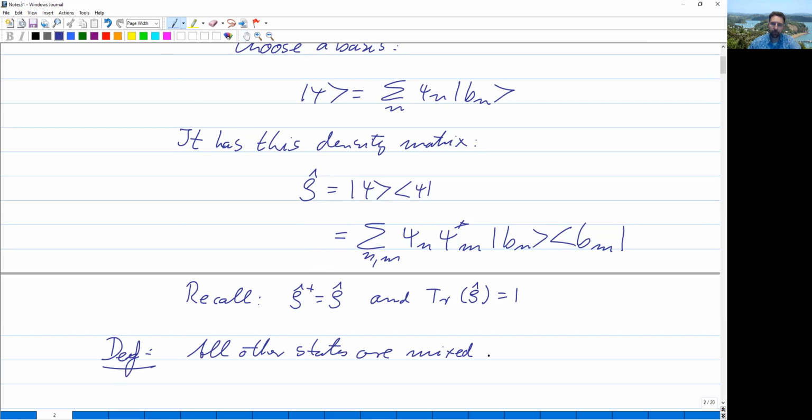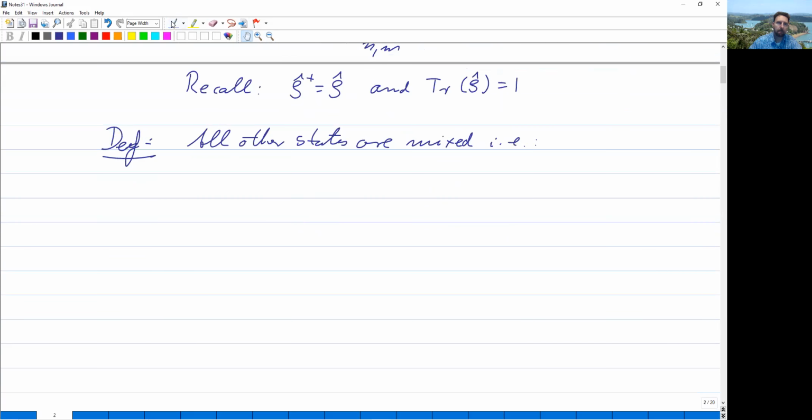I.e., they are of the form where rho hat is equal to the sum over n and m, with matrix elements rho_nm, and then |n><m|.